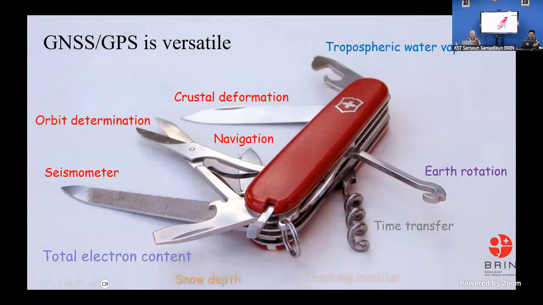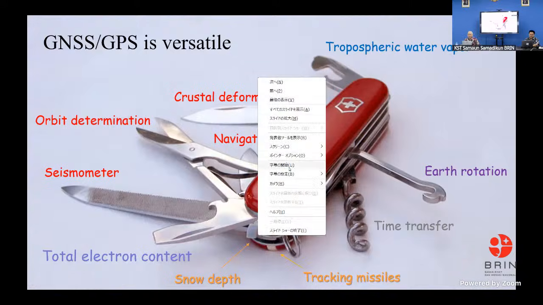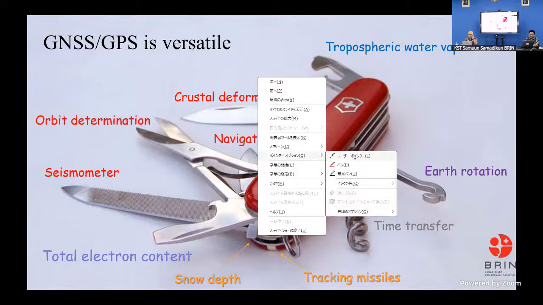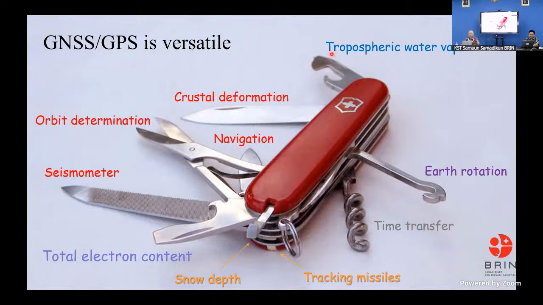And because GNSS can do many different things, we can apply this network to measuring the ionosphere as well as the troposphere. Last time I talked mainly about the tropospheric water vapor, and today I use GNSS to measure total electron content.